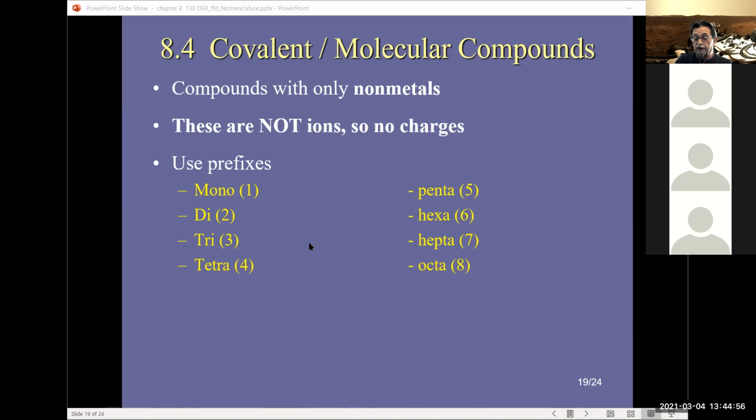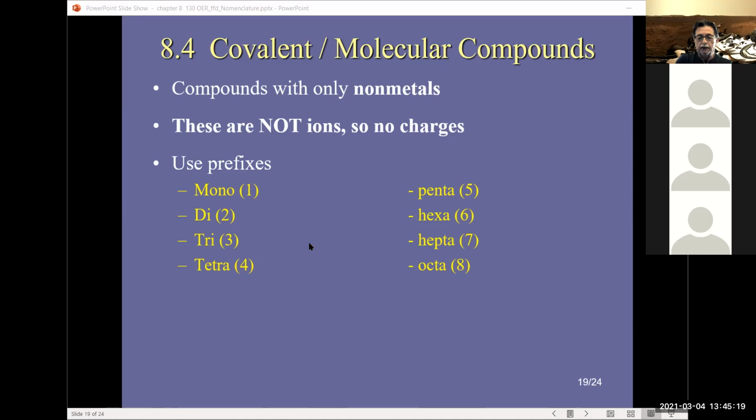Okay, it's still oxide. The name stays that way. Now the prefixes that we use are mono, di, tri, tetra, penta, hexa, hepta, and octa. And we can go 9 and 10, but most of the time we're going to stop at 10. But 9 would be nona, and 10 would be deca.